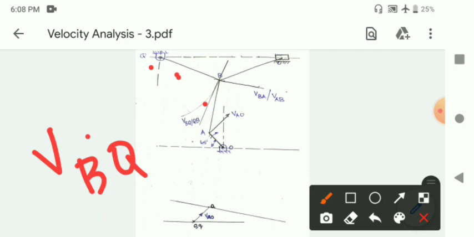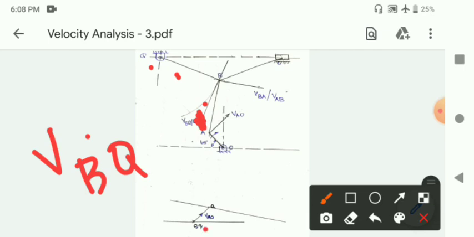This line represents the line of action of velocity of B relative to Q. What I have written here, QB, is wrong, because there is no relative motion of Q relative to B, since Q is fixed. So for link BQ, it is always B relative to Q, and the line of action will be perpendicular to link BQ. In the velocity diagram, you have point Q here.